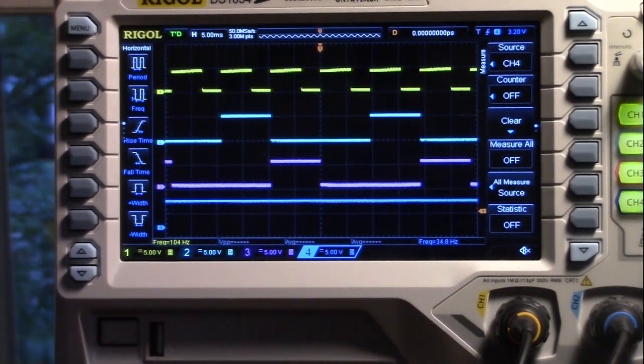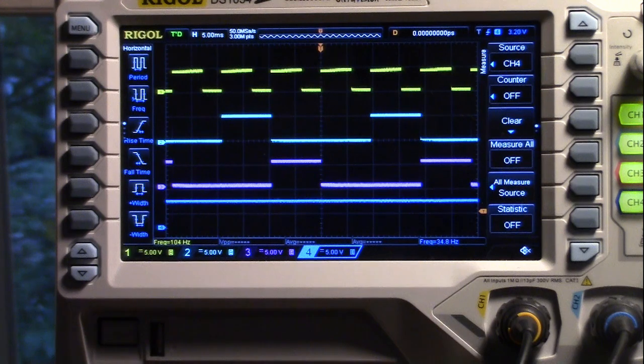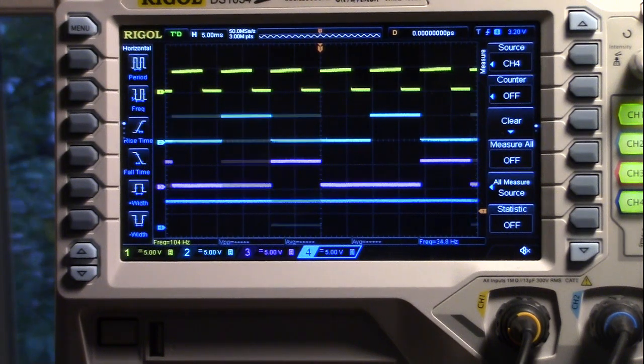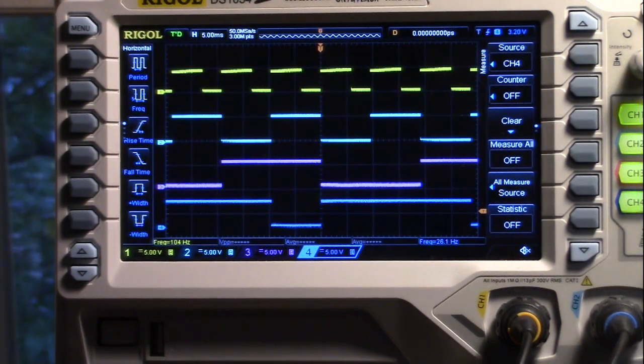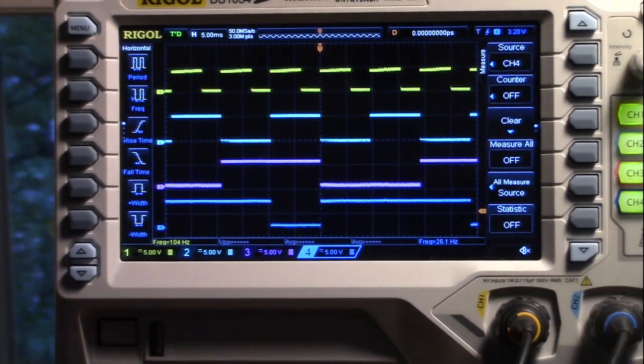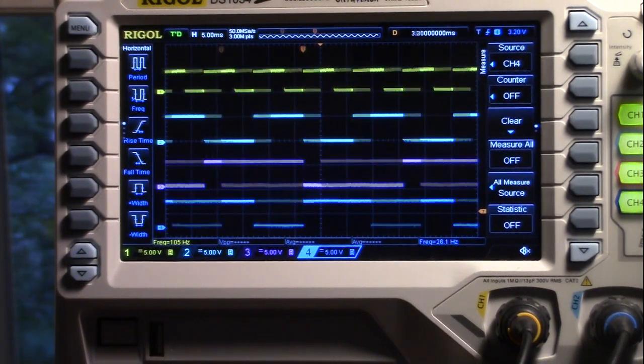By the way, what happens if we were to use a 163 and decode 1, 1 to reset the counter? Well, I can just go back to my 74 163, and what we have now is we have a divide by 4. We're counting, let's move over so we can start at 0, 0.